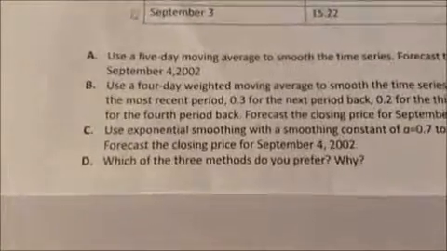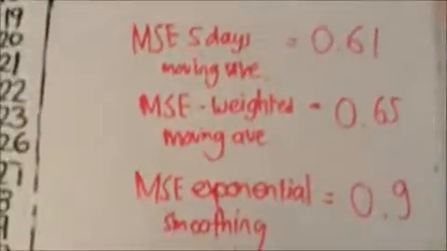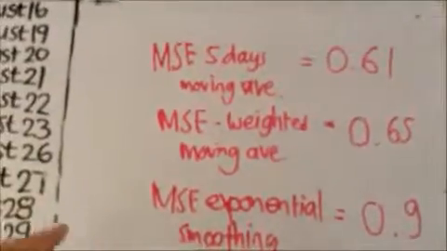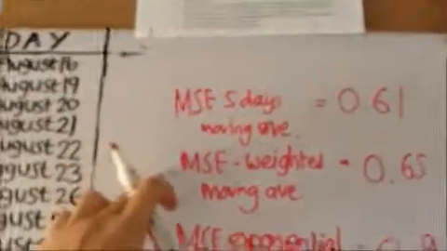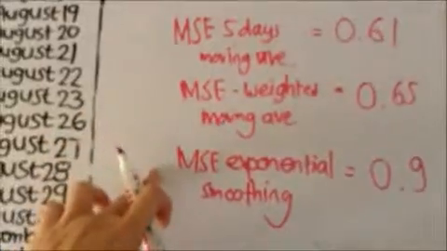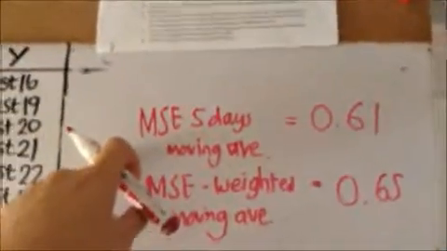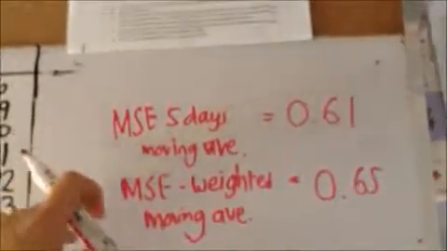So now we're going to number 4. Which of the three methods do you prefer and why? So we already got the 3 MSE or mean squared error from 5 days moving average, from weighted moving average, and exponential smoothing. So from MSE 5 days moving average, we got 0.61.